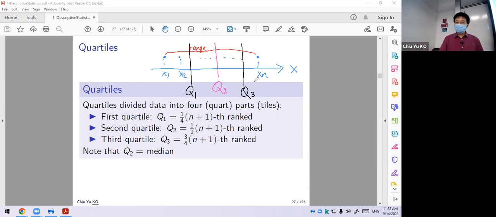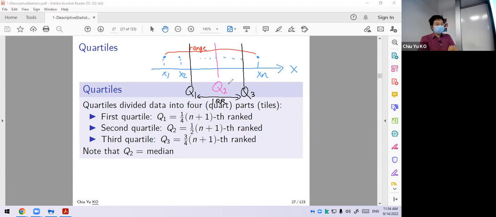We say the distance between Q1 and Q3 is the IQR. So instead of looking at the distance between the biggest and smallest, we look at the middle of the first half of the data, which is Q1, and the middle of the second half, which is Q3.